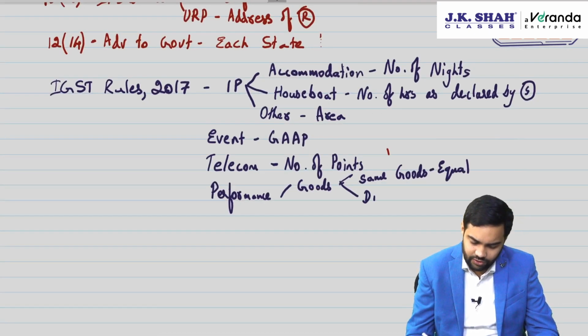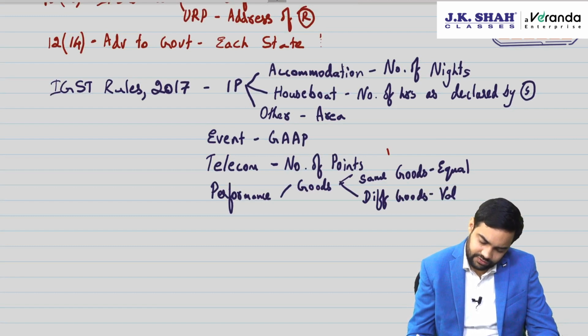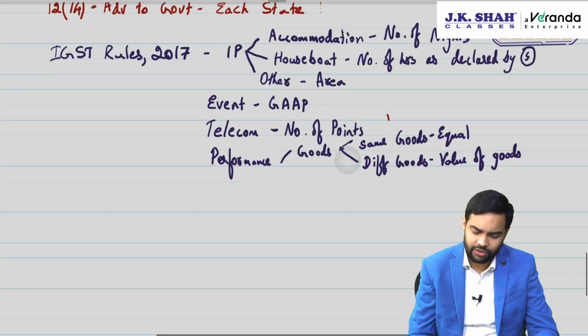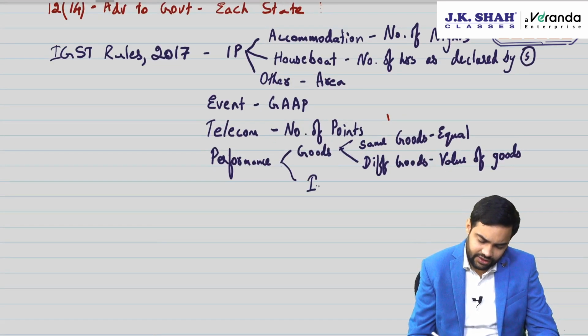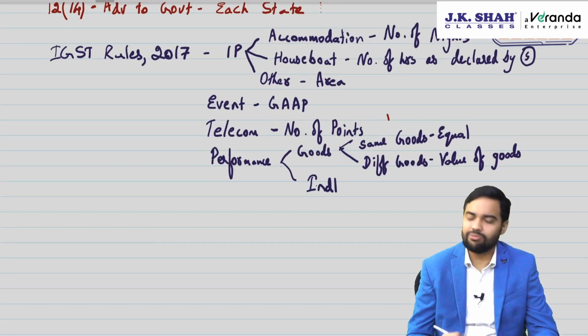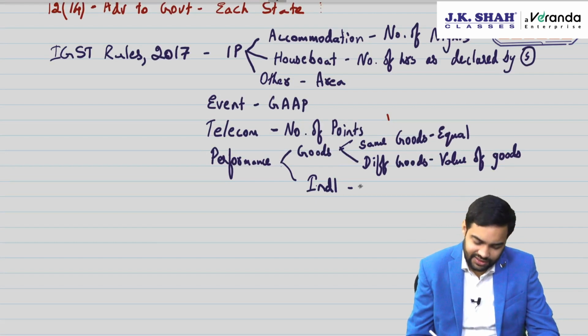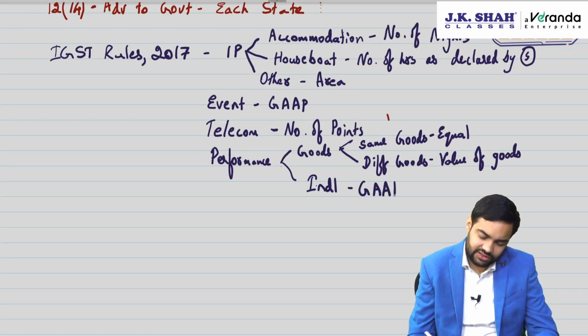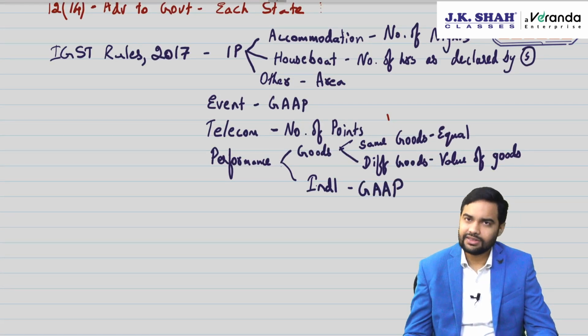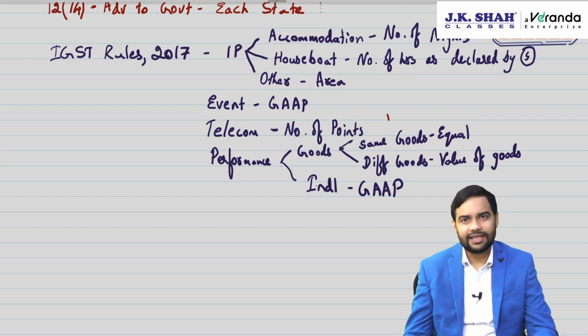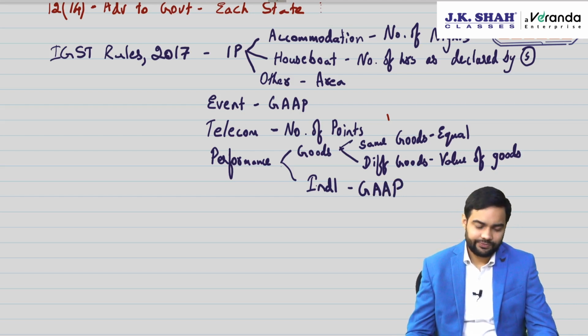If it is different goods, then go by the value of goods which is checked or performed in each state. If it is individual related, makeup done at more than one state, then it will be based on generally accepted accounting principles. So this is what the IGST rules provide for.